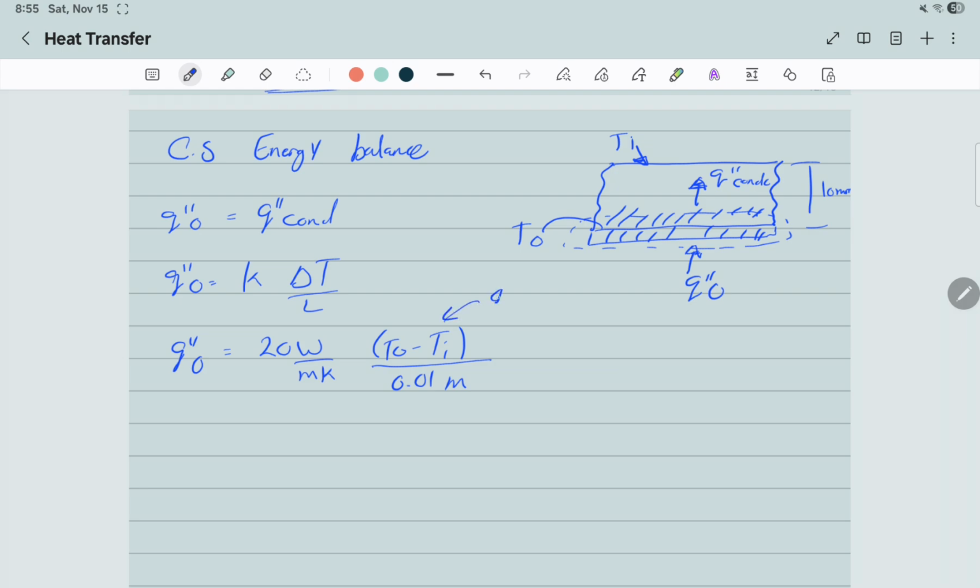These are in Celsius. This is 85 Celsius and this is unknown.